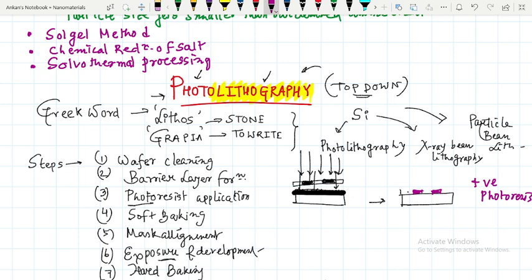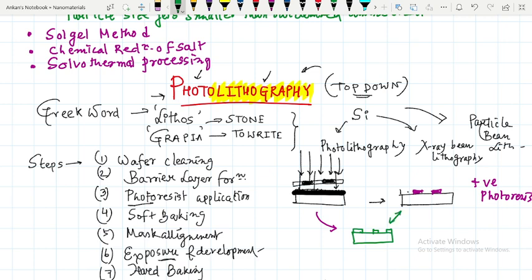But in case of negative photoresist, what is done here? The part of the photoresist which gets exposed to the radiation remains intact, but the part which is not exposed to the radiation becomes soluble. This is the opposite design to the previous one.